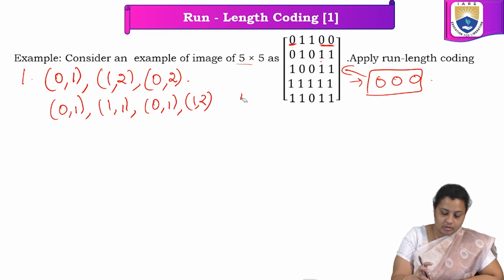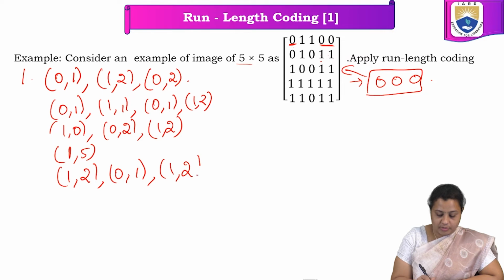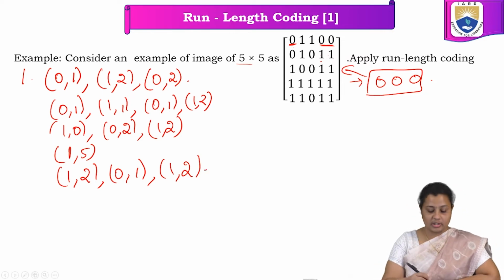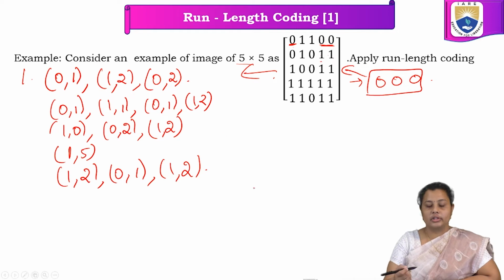Then 1, 0, 0, 2, 1, 2. Then we have 1, 5. Then the last row is 1, 2, 0, 1, 1, 2. Right? So this is our run length vectors for this example.